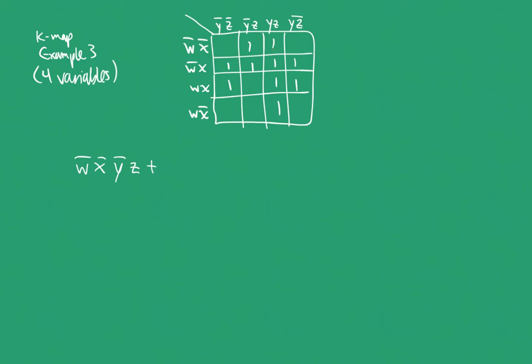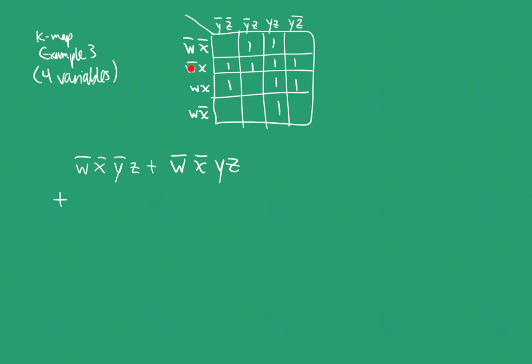So continuing, we have W bar, X bar, Y, Z. And for no particular reason, I'm just going to write on the next line because it goes nicely with what's filled in my K-map.